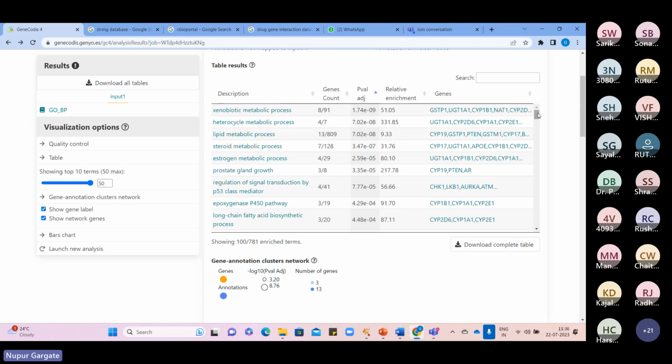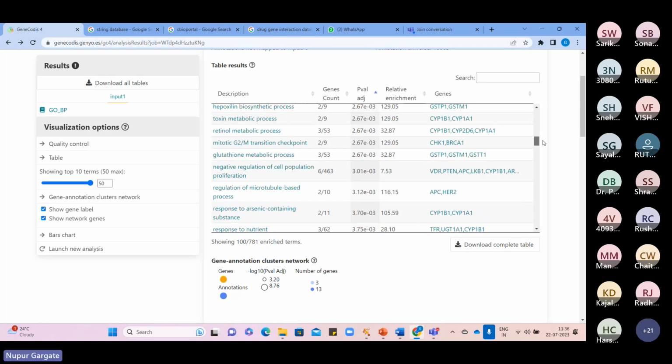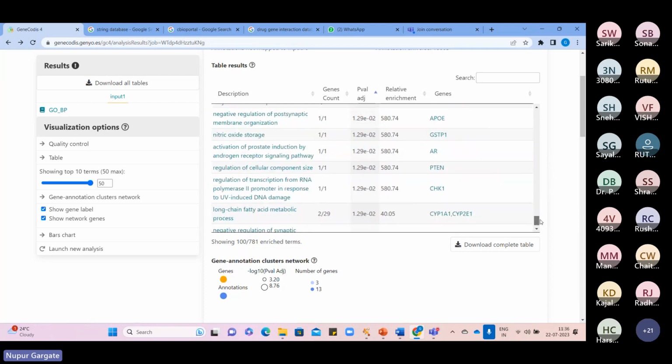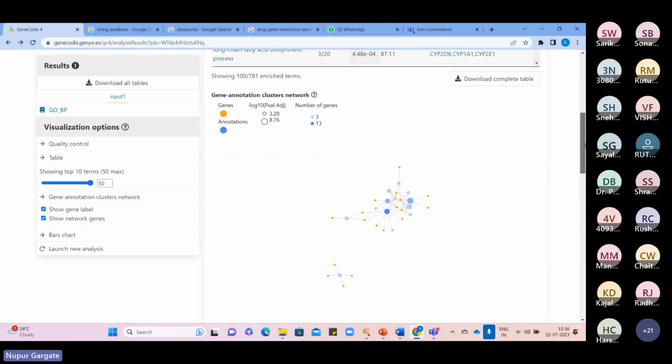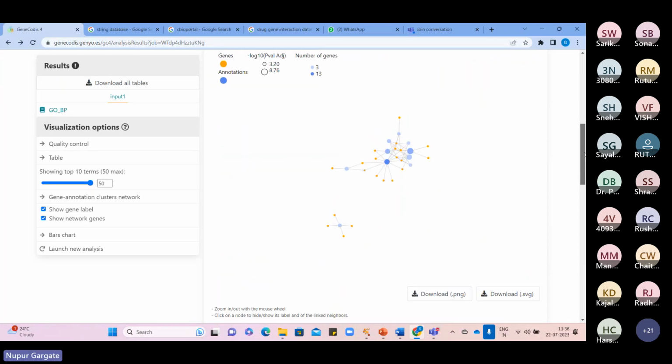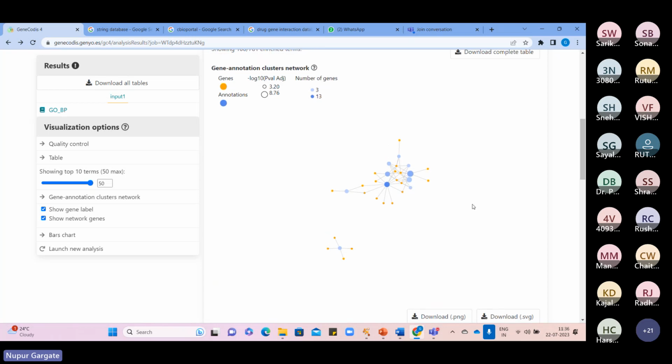Now we obtained several descriptions and several genes associated with each description. So what I did was I copied all these genes and I pasted them in a Word file, and I will show that as well. And this is what the network actually looks like when we have analyzed the genes using GO Biological Process. So here these blue dots mainly indicate the term or the process.